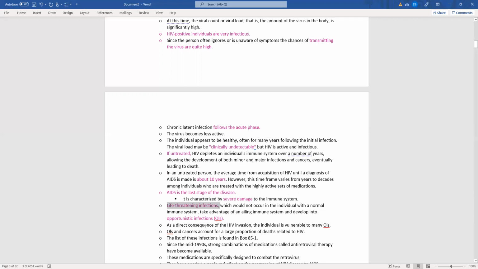As a direct consequence of HIV invasion, the individual is vulnerable to many opportunistic infections. So if you see OI, you know it means opportunistic infection. Opportunistic infections and cancer account for a large portion of deaths related to HIV.